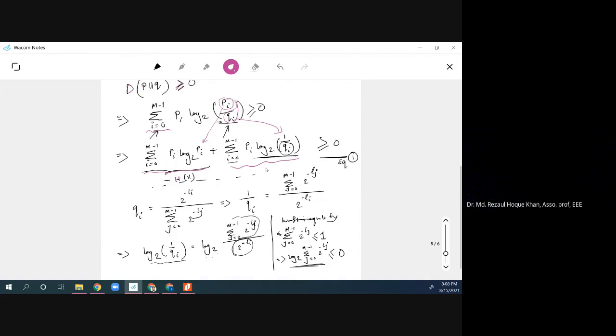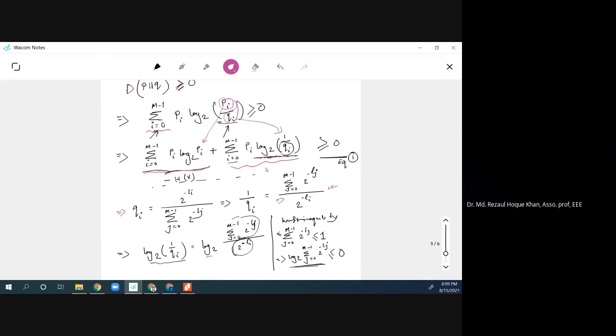Here, again recall this q_i. We know this was our q_i value, right? So 1 by q_i will be like flipping this. Okay, so log2 q_i, you see we are trying to achieve this part. So log2 of 1 by q_i is nothing but the log2 of this part, right? That's what we write here.